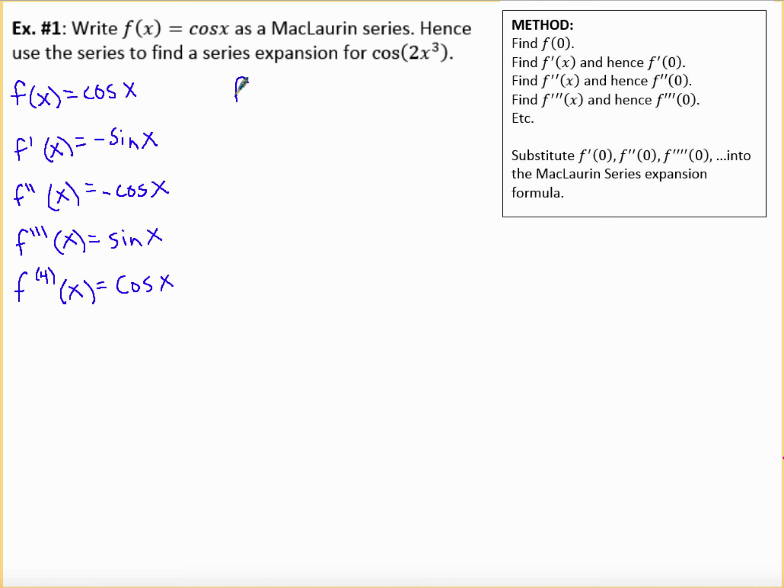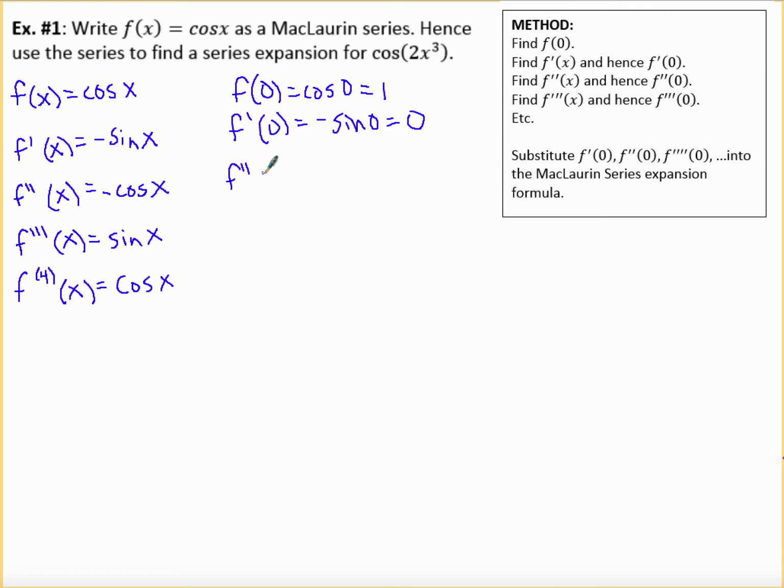So f of 0 is the cosine at 0. This is all our warm-up stuff that we did already. So the cosine of 0 is 1. F prime of 0 is negative sine of 0, which is 0, since 0 times anything is 0.